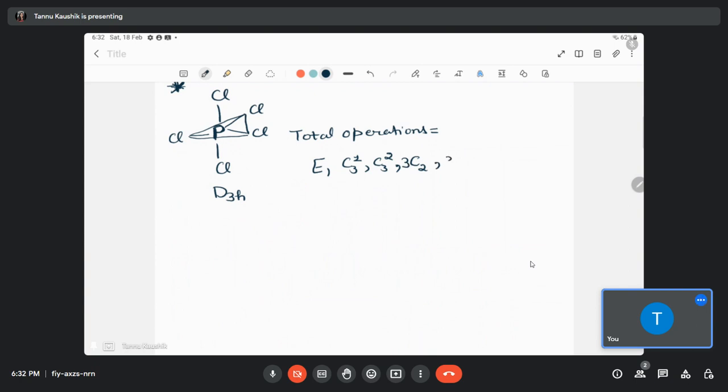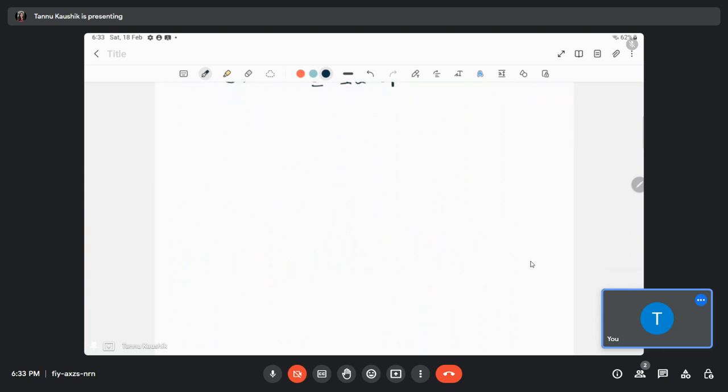There are 12 operations in this molecule.